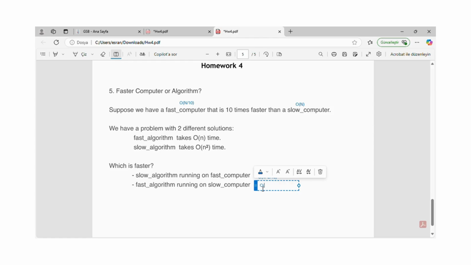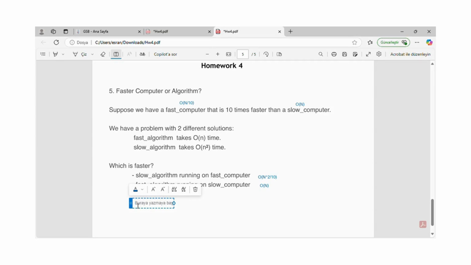Okay. Which is faster? The fast algorithm on the slow computer is better, but for large n, you know. If n is less than 10, the other option is suitable. Let's write the result.